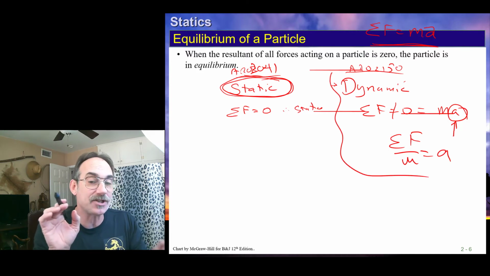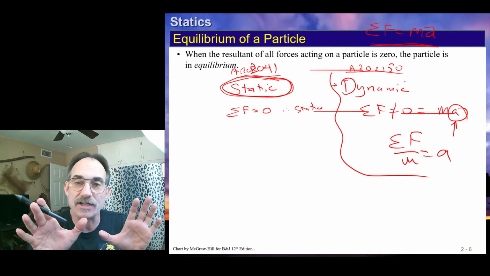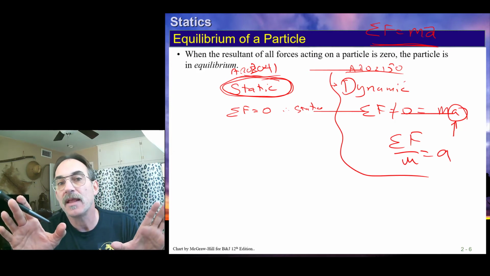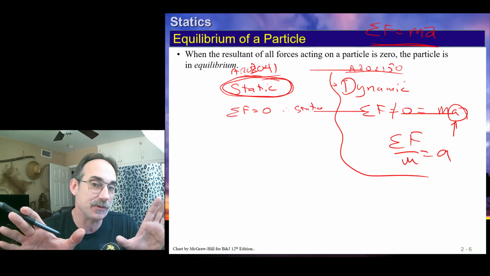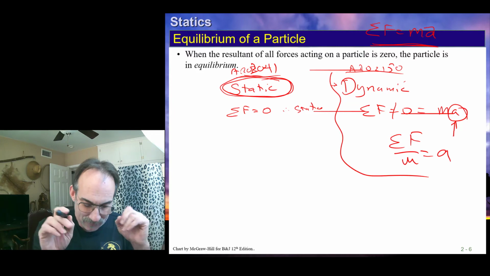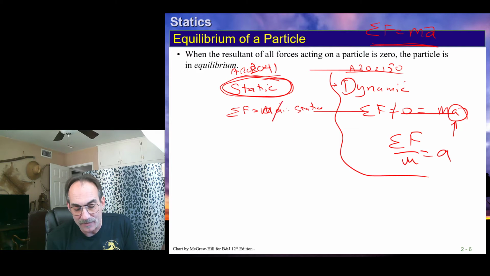Since we're in a statics course right now, what we're focusing on is all those problems that aren't moving, or they're continuing to move with constant velocity, which basically means they're not accelerating. If they're not accelerating, then the acceleration will be zero. When we have ma, the sum of the forces is going to be zero, which means the acceleration is zero. That means whenever we're in statics class, we're going to be imposing the sum of the forces equals zero.